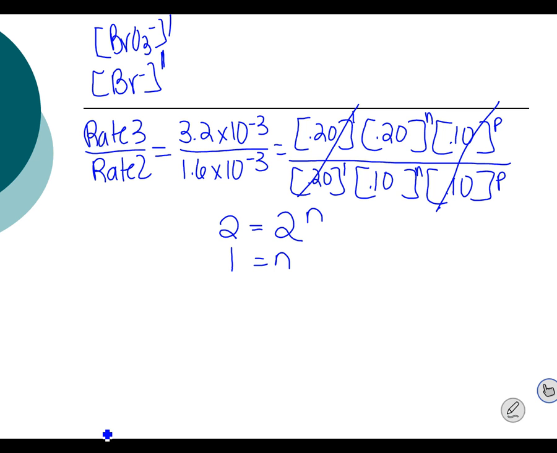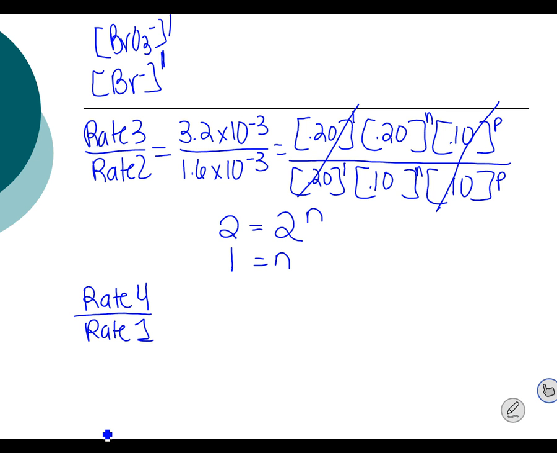So now we got to look at other ones to see what would be good to use. And if we use experiment 1, then our bromate and our bromide will be constant and our hydrogen will change this time. So we're going to do rate 4 over rate 1.